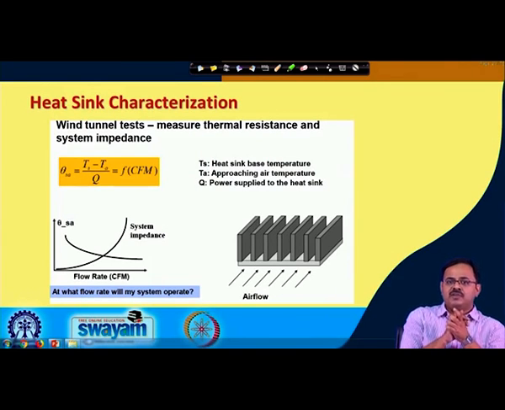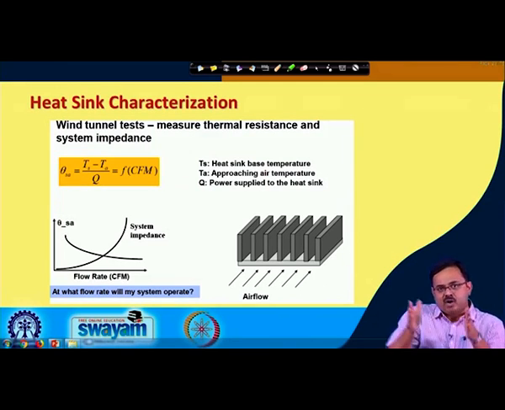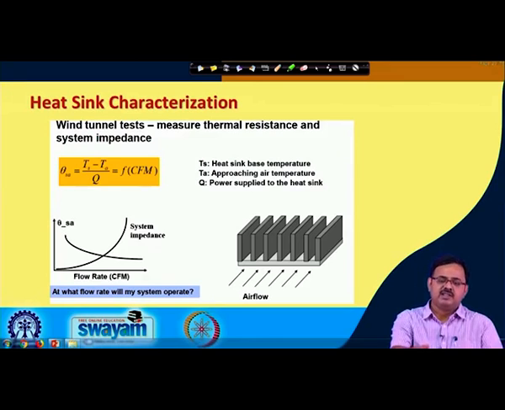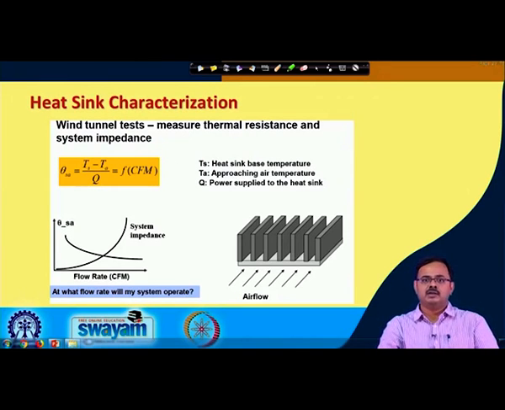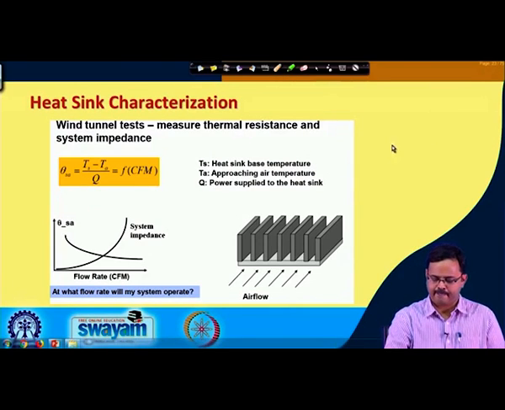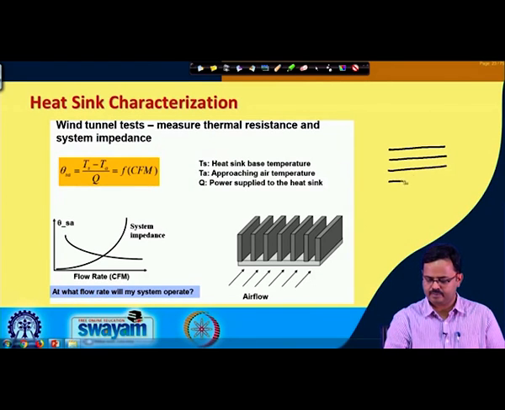So, therefore, the flow resistance is often measured in terms of the pressure drop across the length of flow, whether it is a channel, a pipe, or a channel between two adjacent fins as shown here. In other words, if I look at the top view, these are my adjacent fins and I have an air flow at V dot.